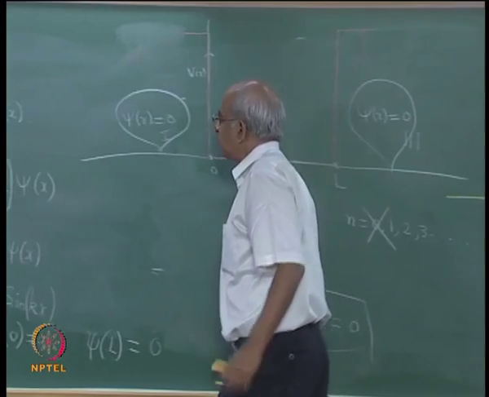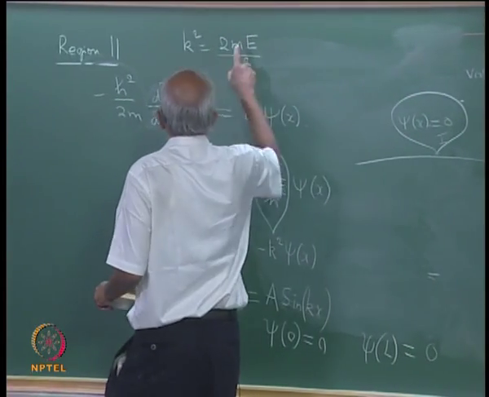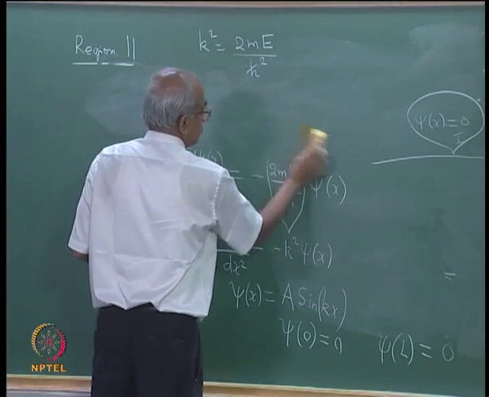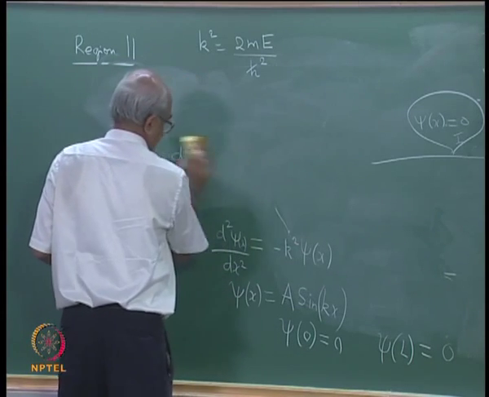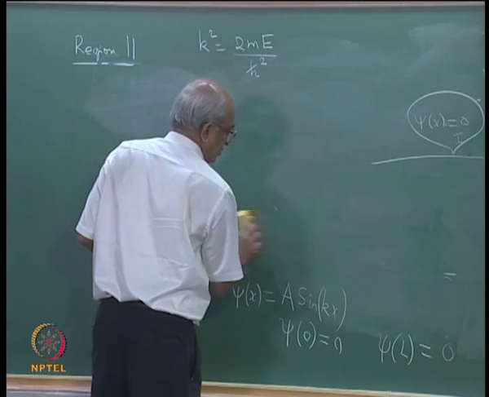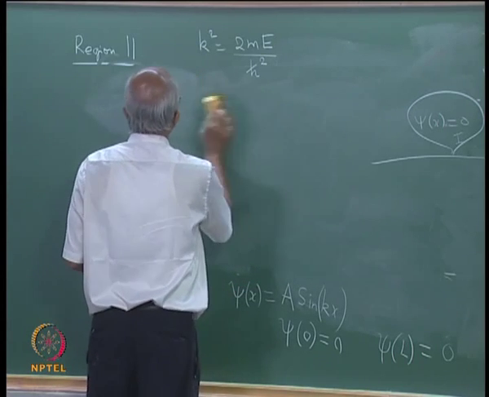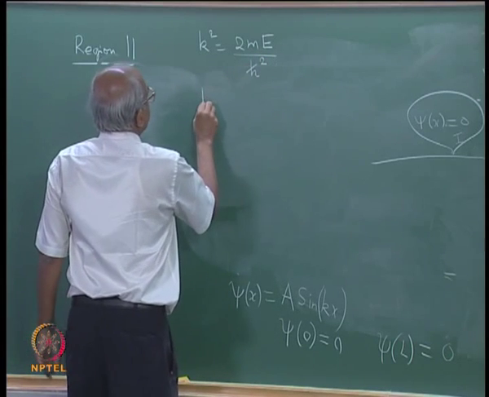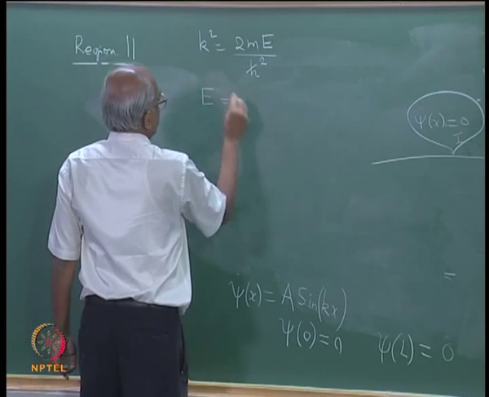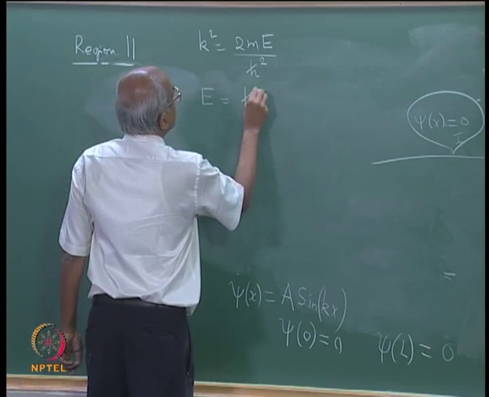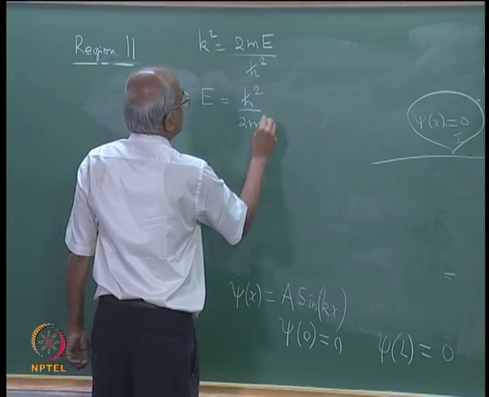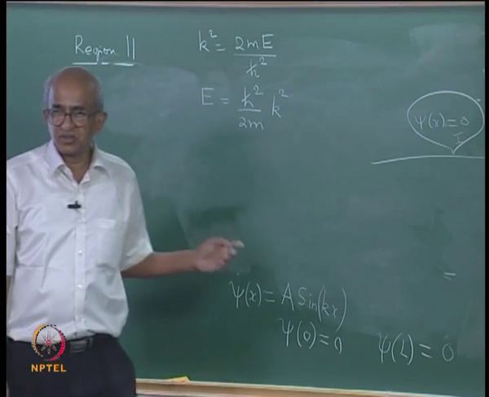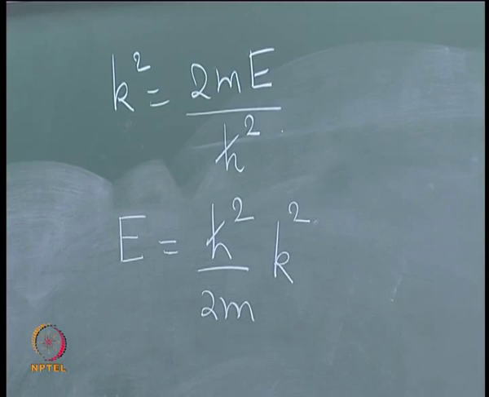And that actually means what? Well, remember this k is related to the energy. So, if you like, you can write E in terms of k. This is the relationship between k and energy.